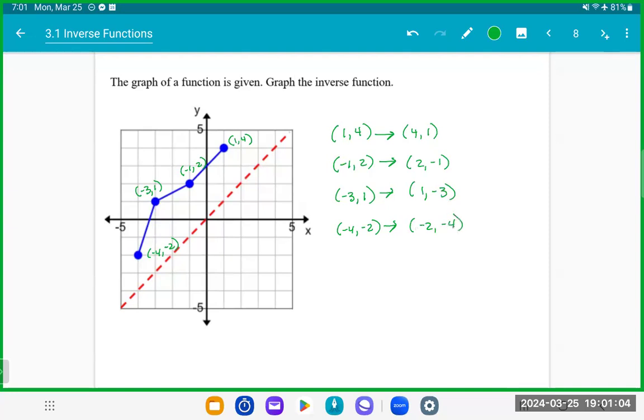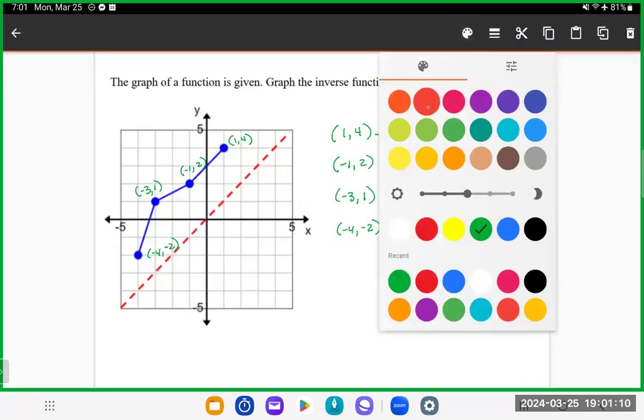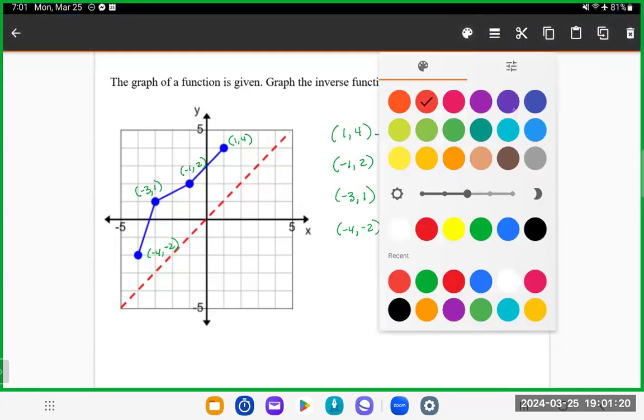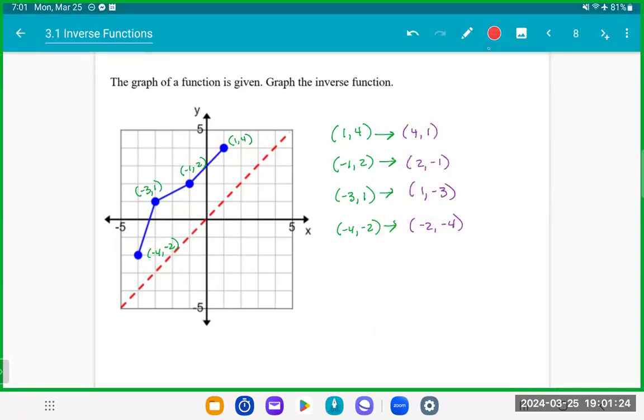So let's plot those points. Let's do it in a different color. Okay. So actually I'm not going to choose this orange since that's the line. Let's just use purple. Okay, so we have this point 4, 1.